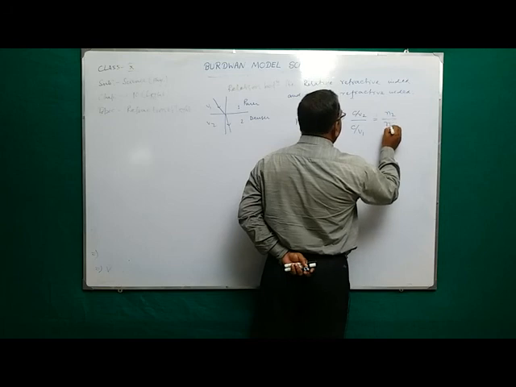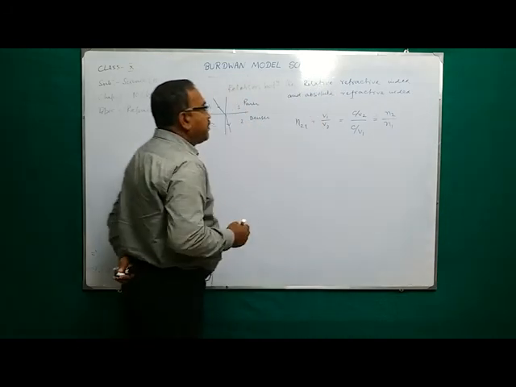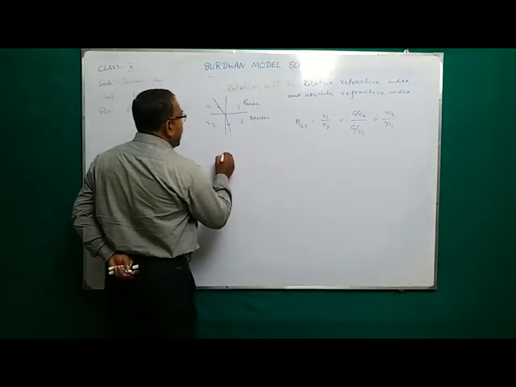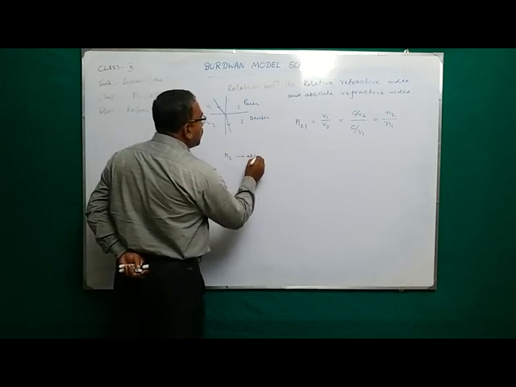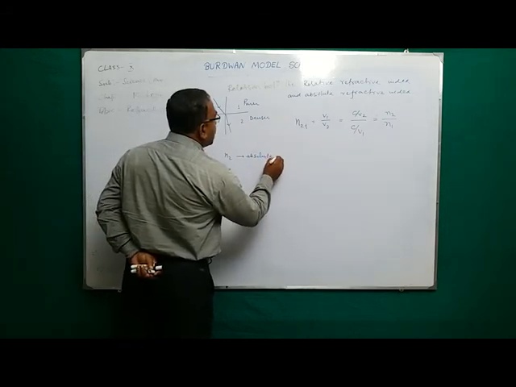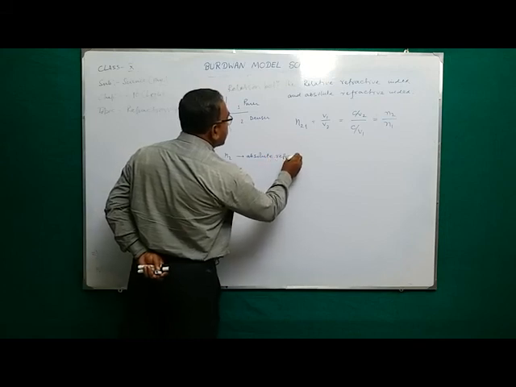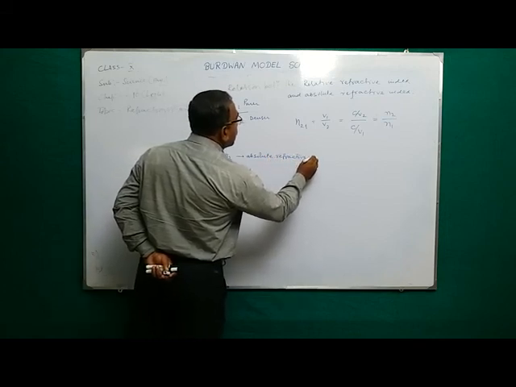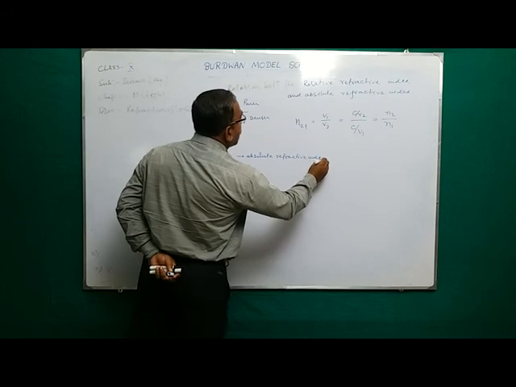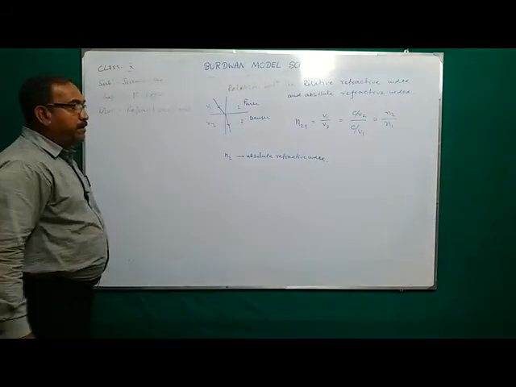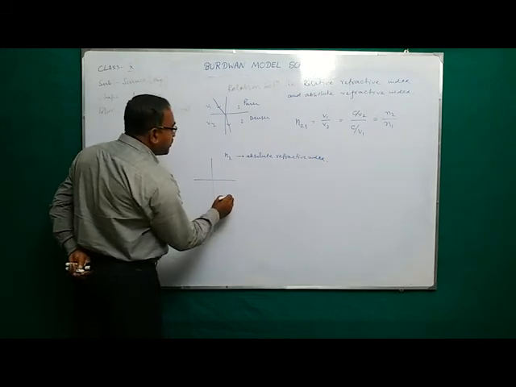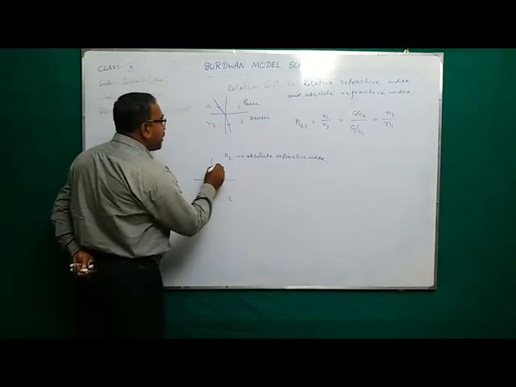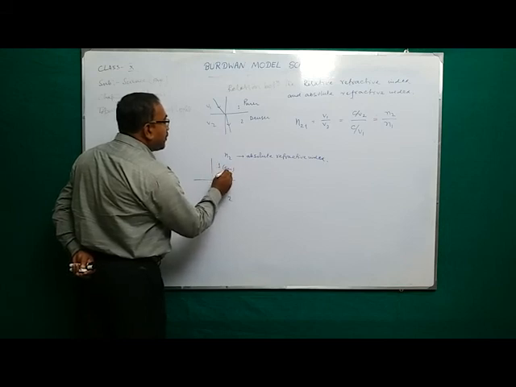So c by v2 means n2 by n1. n2 means the absolute refractive index. Absolute refractive index means, if you consider it, this is the second medium, that is the first medium, but this medium is air or vacuum.